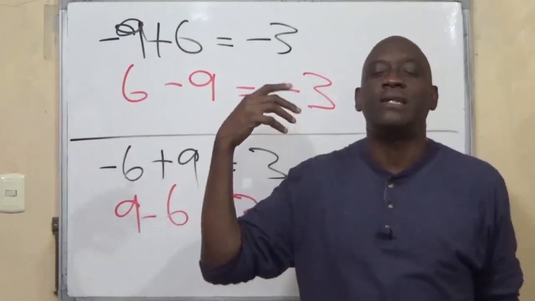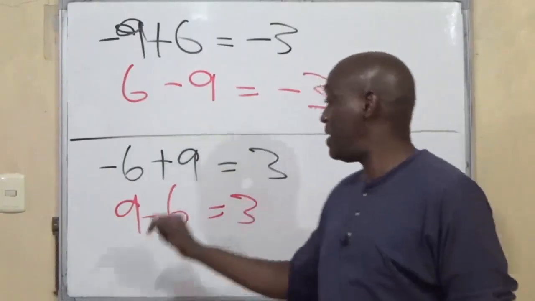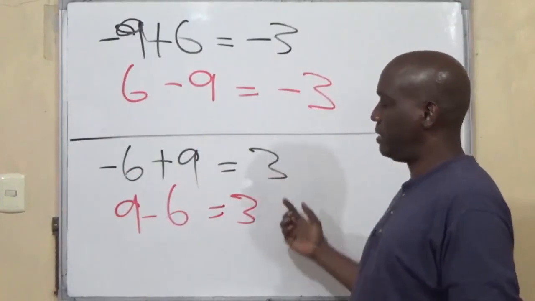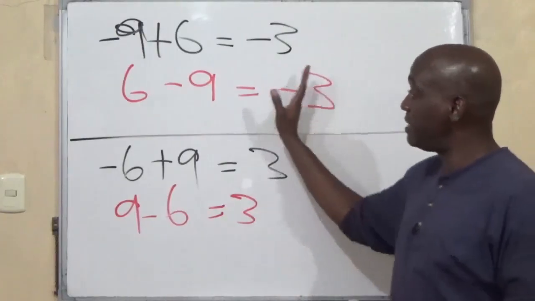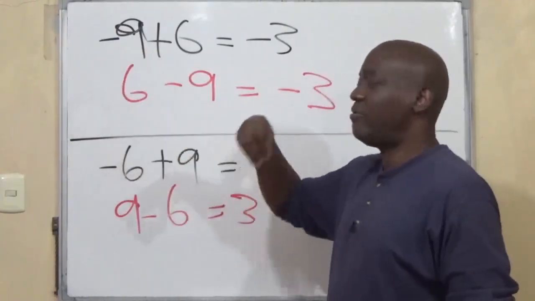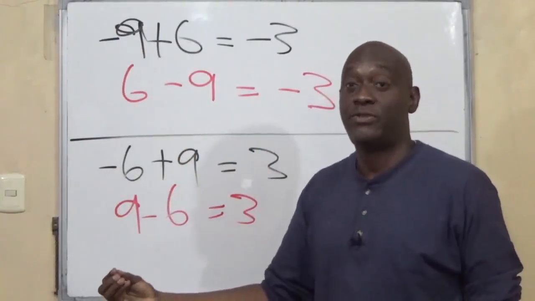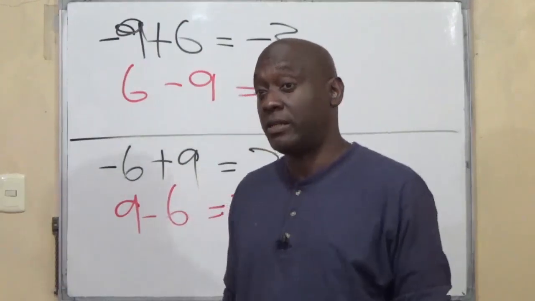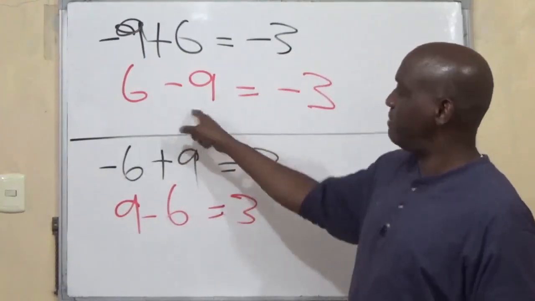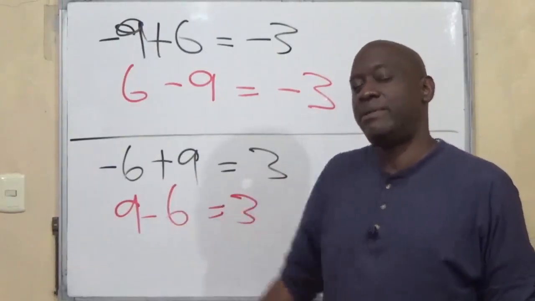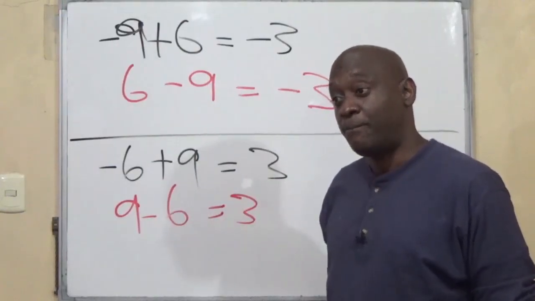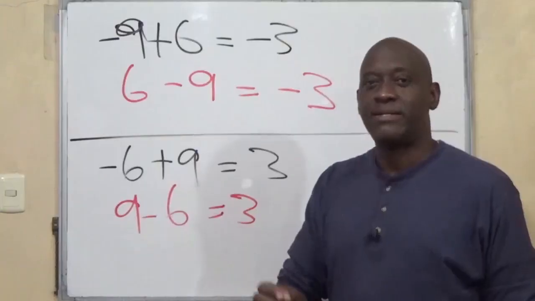That is what I want you to experience. So as soon as you see this, you could make the switch in your head and get this. Same story over here. You already know that 9 minus 6 is 3. So if you know that 9 minus 6 is 3, and you see 6 minus 9, you know immediately that 6 minus 9 cannot possibly be the same 3 as 9 minus 6.